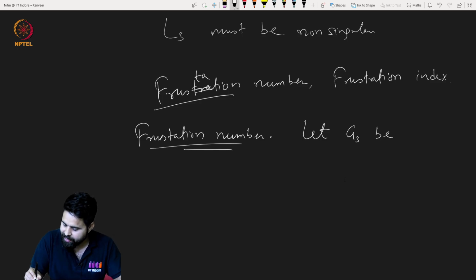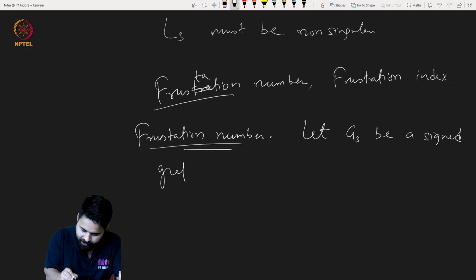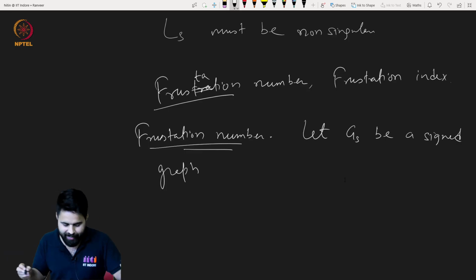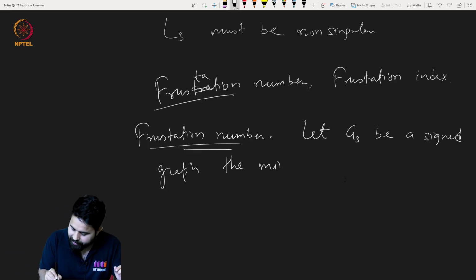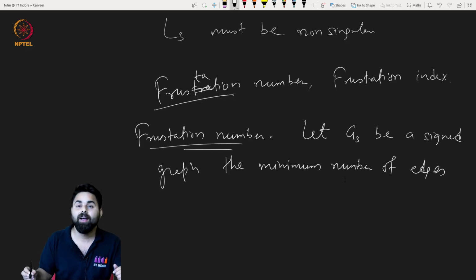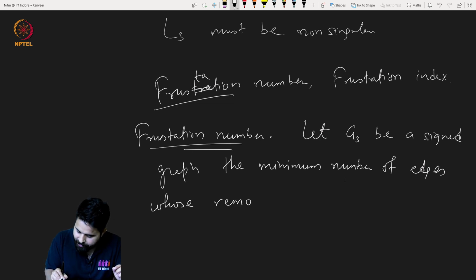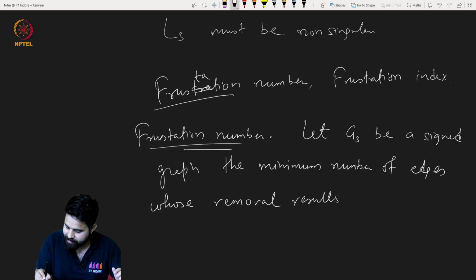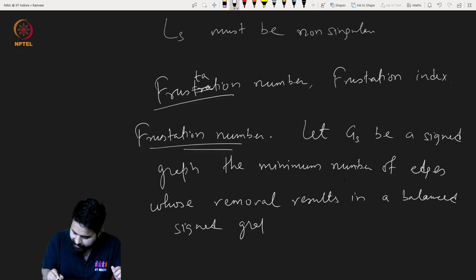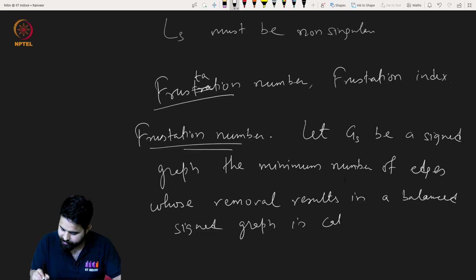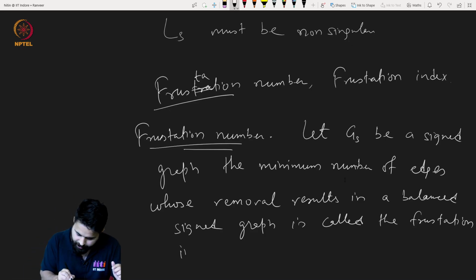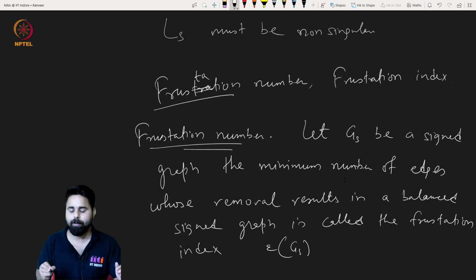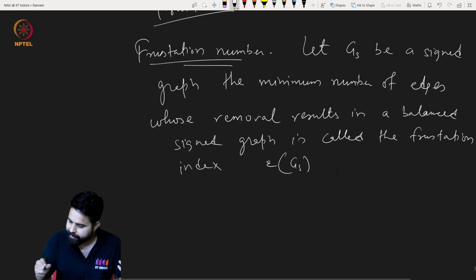The number of edges, whether positive or negative, in fact the minimum number of edges whose removal results in a balanced signed graph, that minimum is called the frustration index, and we will denote it by epsilon of GS.